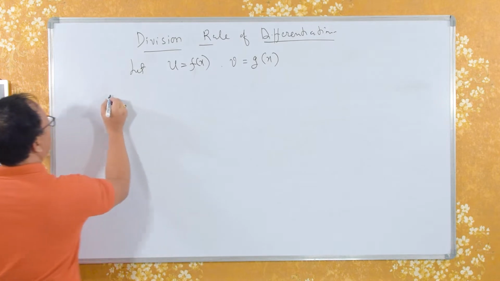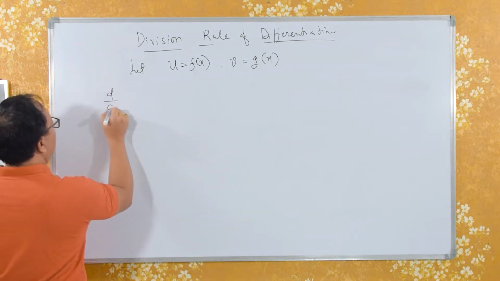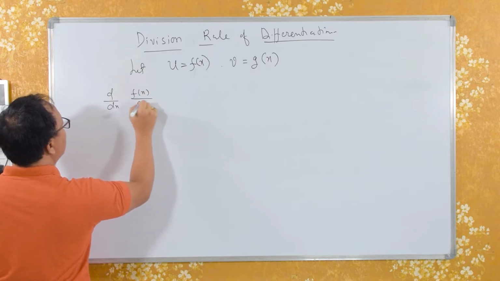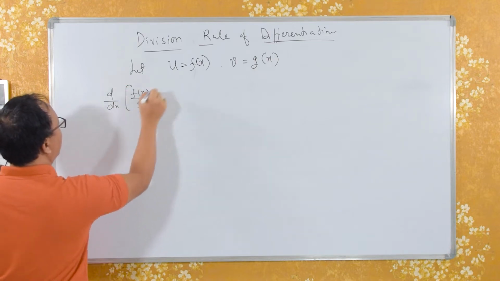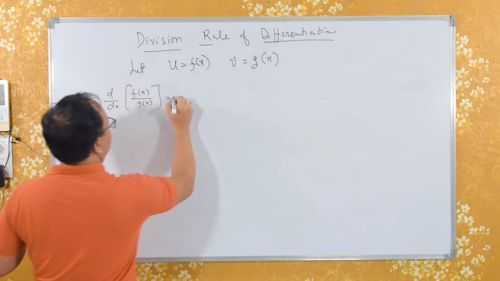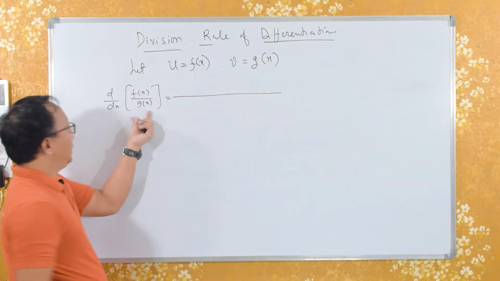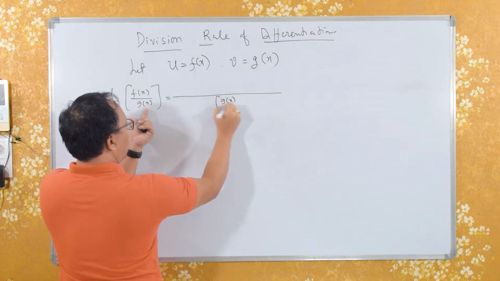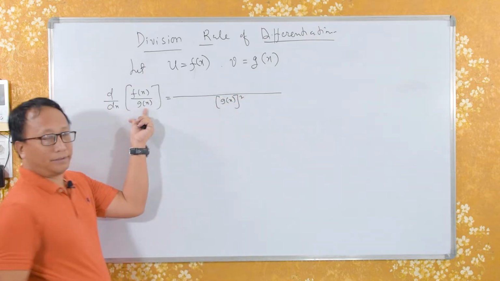Now, d by dx of f(x) upon g(x) will be g(x) the whole square in the denominator.